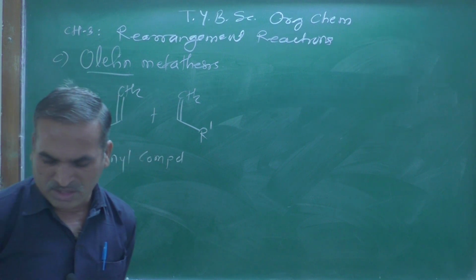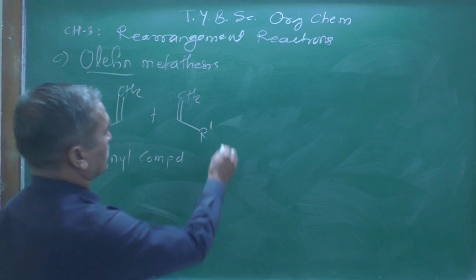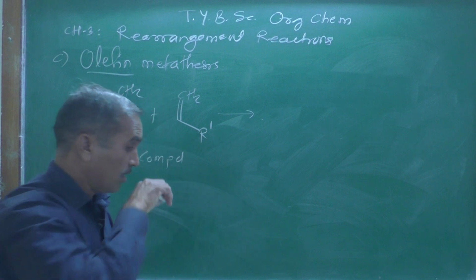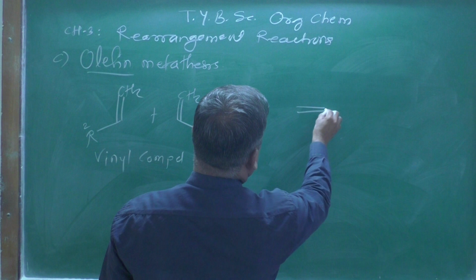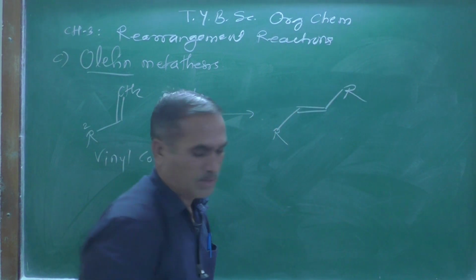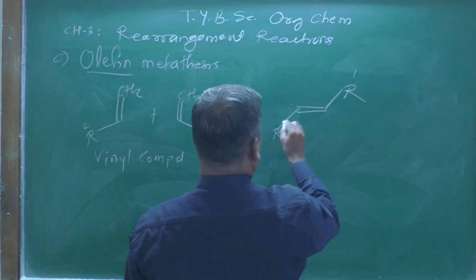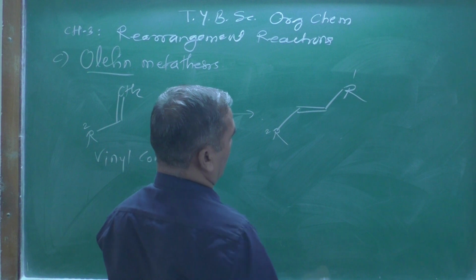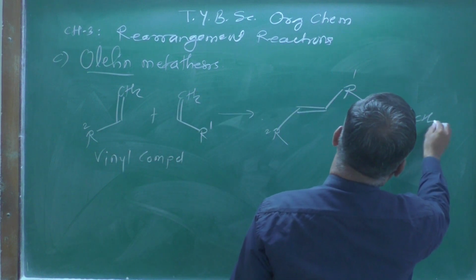And when the vinyl system is treated with a catalyst, an exchange takes place, and we are going to get a carbon-carbon double bond here with R1 and R2. This type of product is formed, and there is an evolution of C double bond CH2.